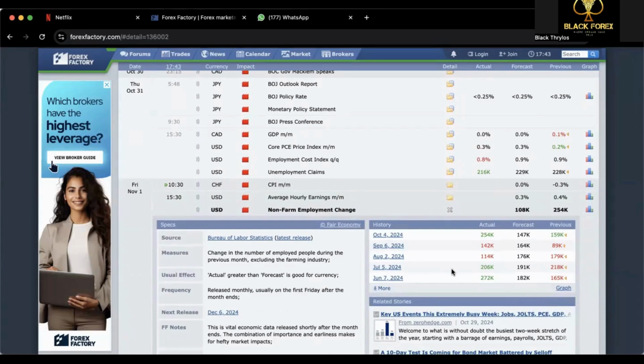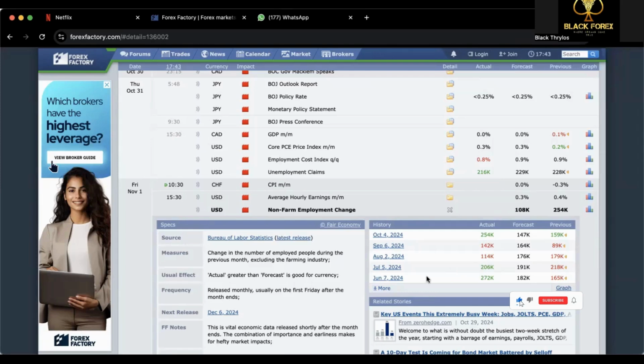So this is one of the biggest fundamentals that actually drives the US economy in the short term, at least. Some fundamentals drive the long term, for instance, interest rates and all that. But the non-farm payroll drives the currency pair for a short while.